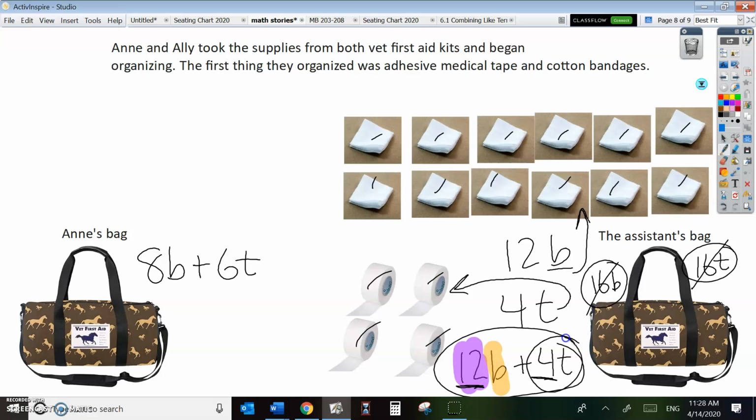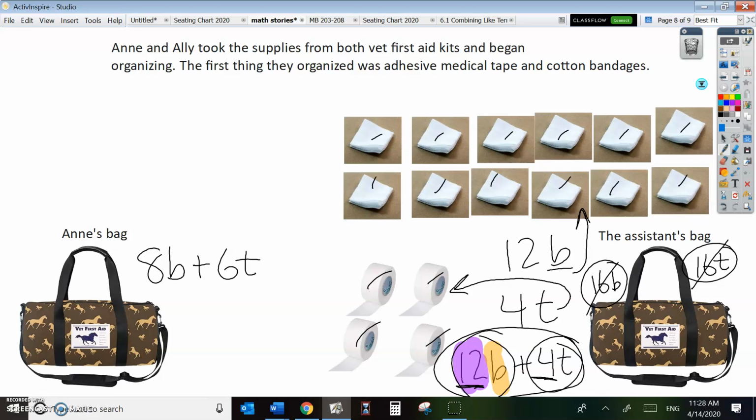These two terms, a term is a number, and it can have a letter with it. These two terms cannot be combined. So Anne had 8B plus 6T, and the assistant had 12B plus 4T. Let me make a note so I don't forget after I clear things off.